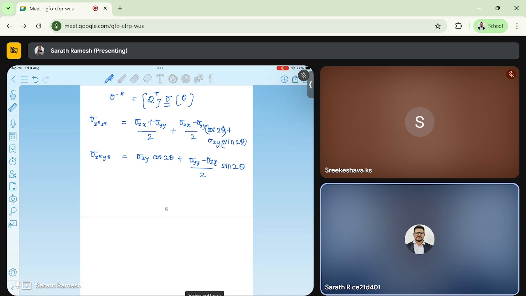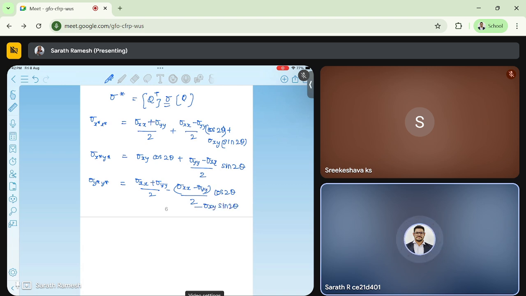Suppose we want sigma y star: same, sigma xx plus sigma yy by 2 minus sigma xx minus sigma yy by 2 cos 2 theta minus sigma xy sine 2 theta.